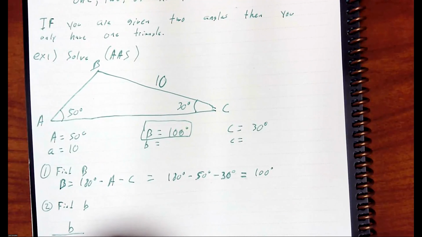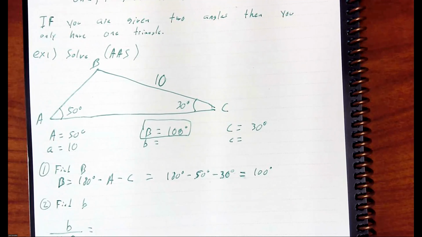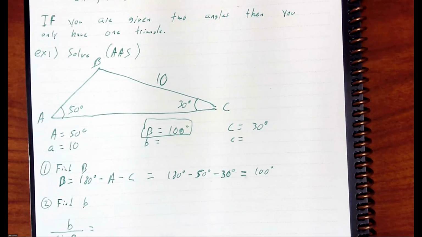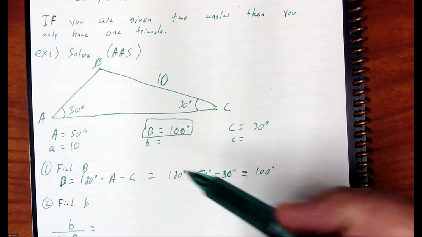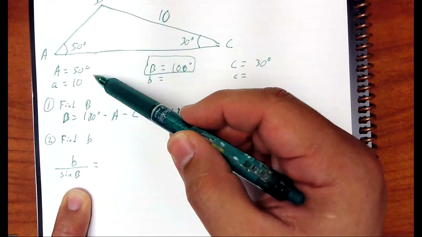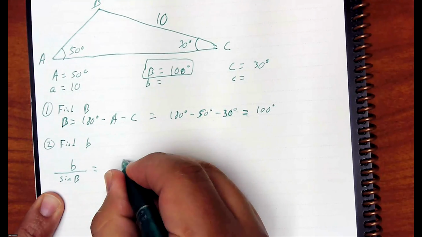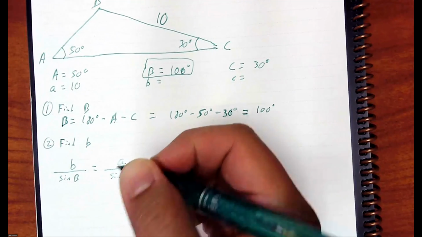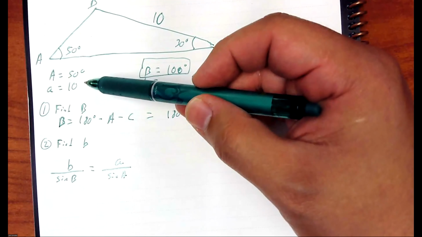Set the b part equal to any of the three parts, right? The formula says this is equal to all three. So choose the one that you have, the actual parts that were given. We were given capital A and little a, so we should set it equal to that one. Set this equal to a over sine A. That makes sense why I chose it, because these are given.